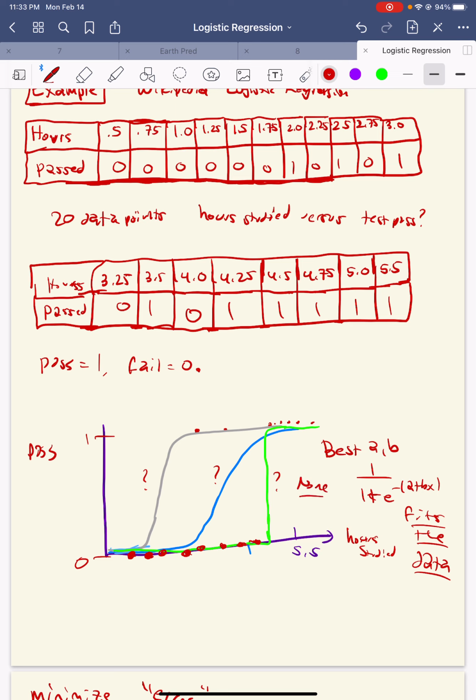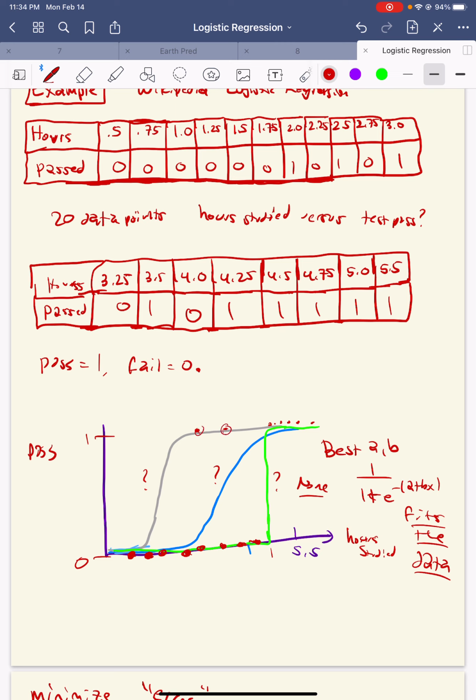And this is non-trivial. It looks on the eyeball that this blue one should fit it better because some people are still failing here. This green one is certainly not, shouldn't be correct. It's basically saying once you study 5 hours, you're going to pass, and you're not going to unless you study 5 hours, but these two guys passed.